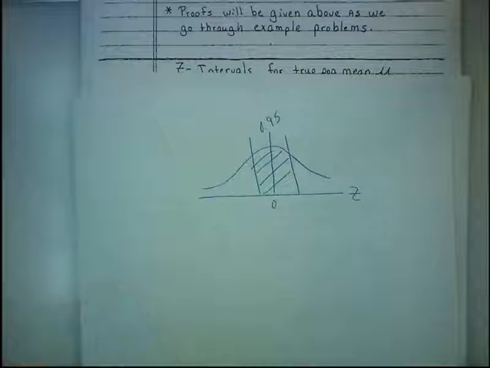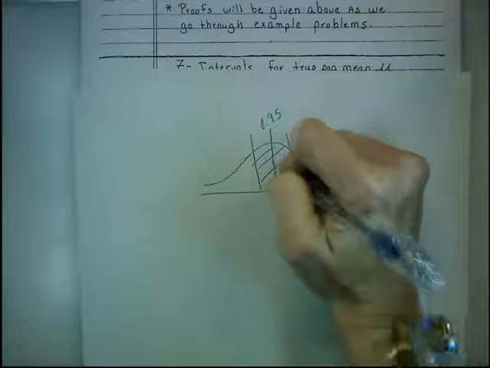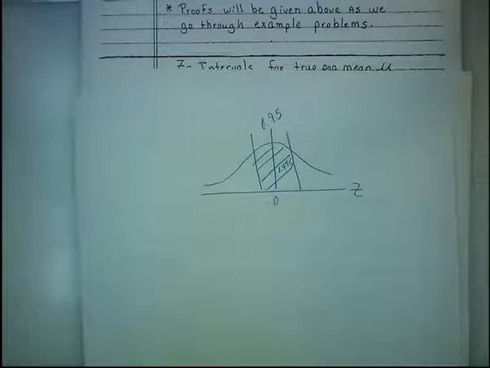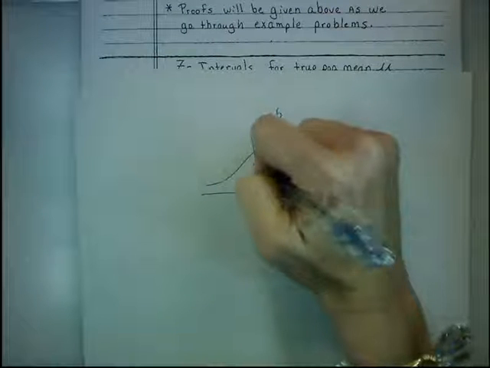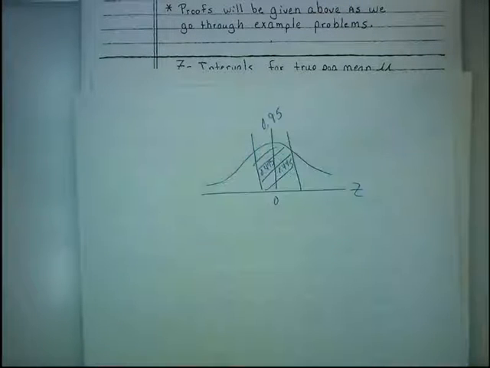And then half of 95% is 0.475. And that makes the area in each tail 0.025.